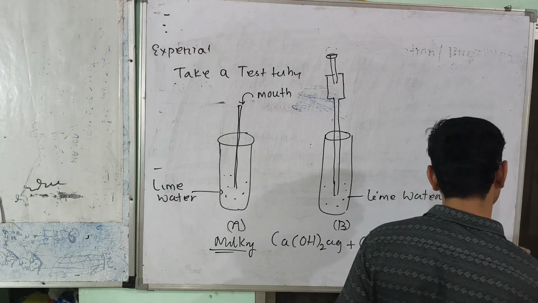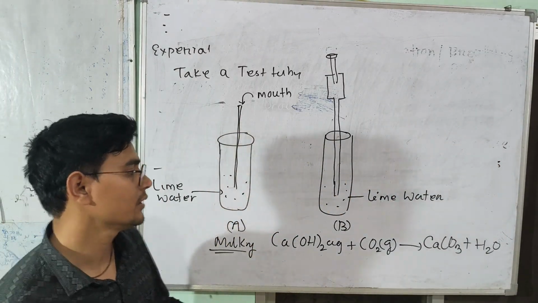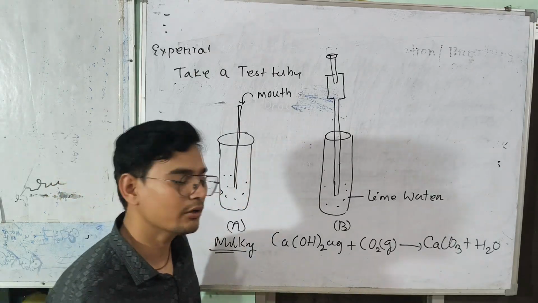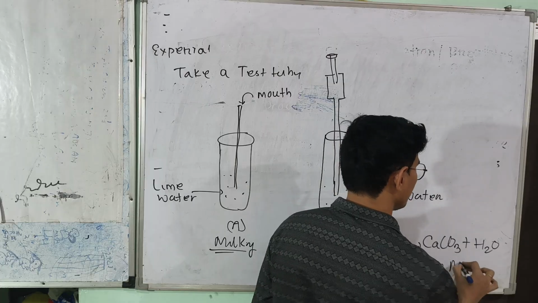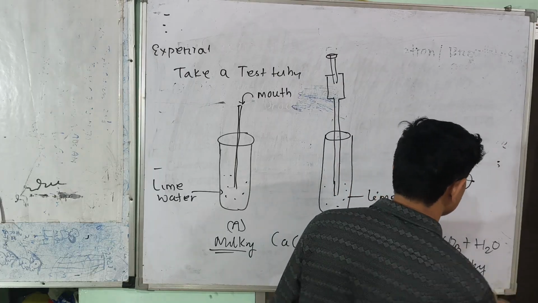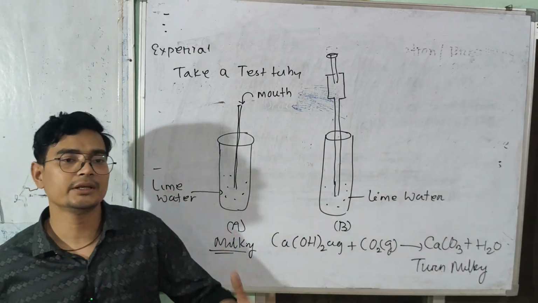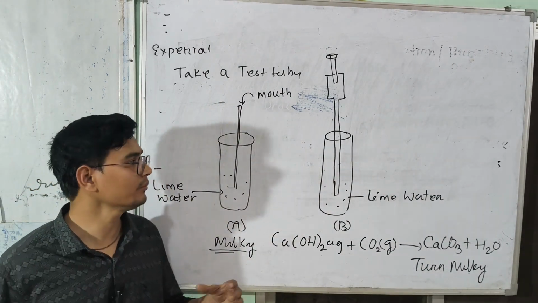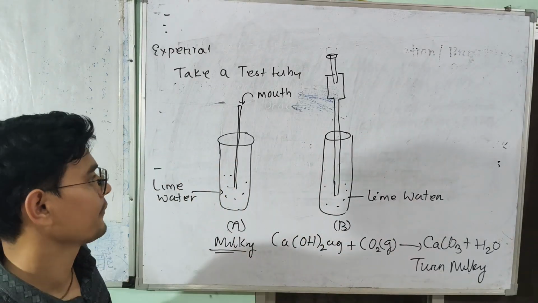This is the reaction in test tube A. The color change is that the lime water turns milky. So we confirm in this experiment that the carbon dioxide is what we exhale when we respire.